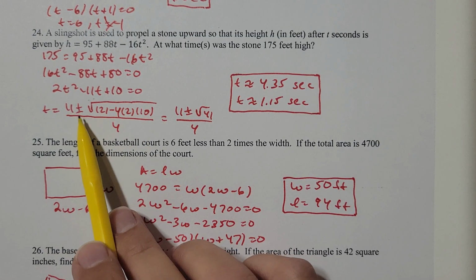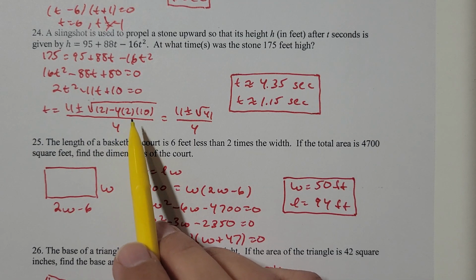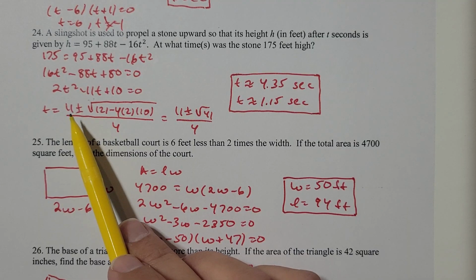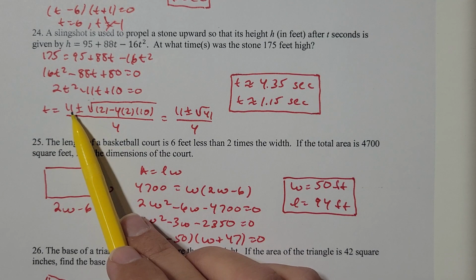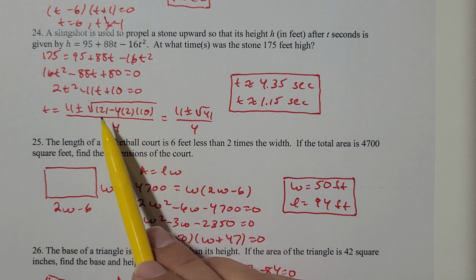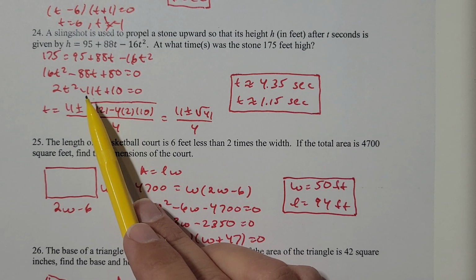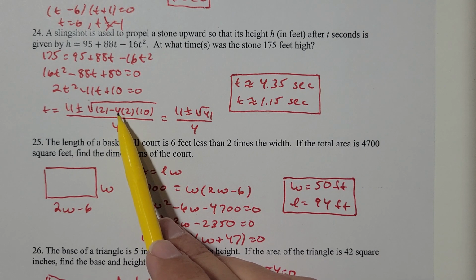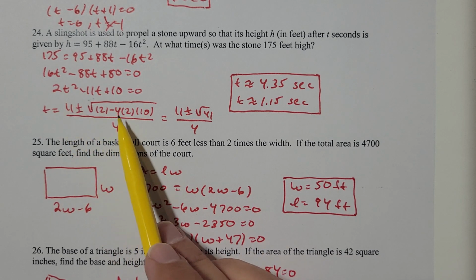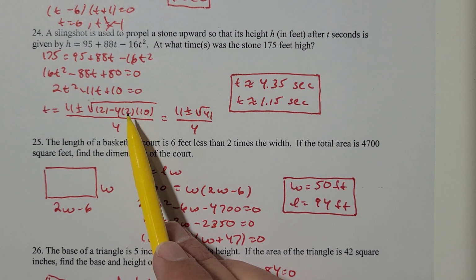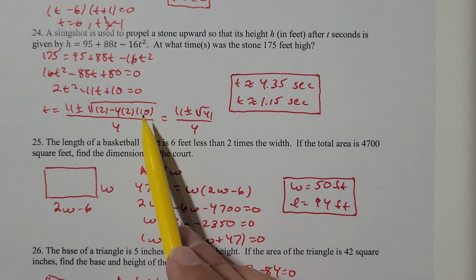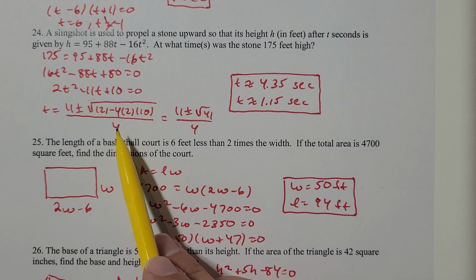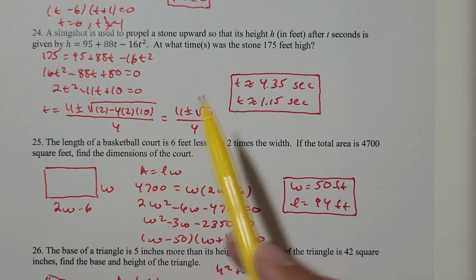So I'm using the quadratic formula here. The opposite of b, that's 11, plus or minus the square root of b squared, negative 11 squared is 121, minus 4 times a is 2, times c is 10, and this is all over 2a, 2 times 2 is 4 in the denominator.